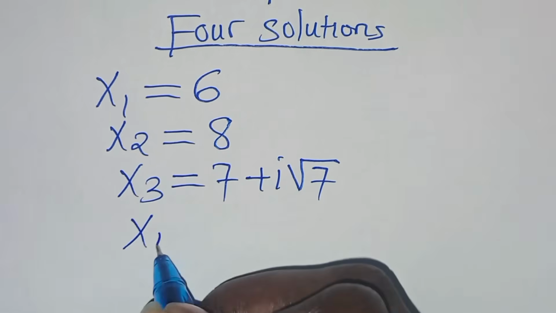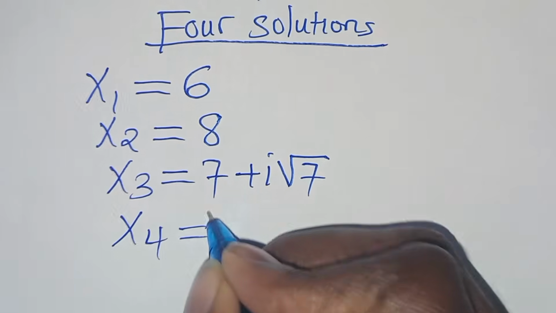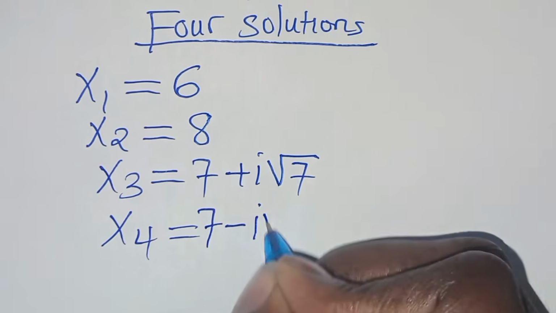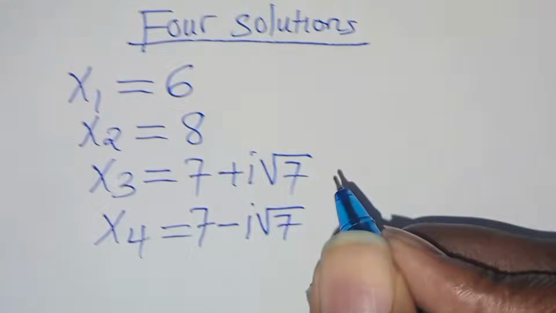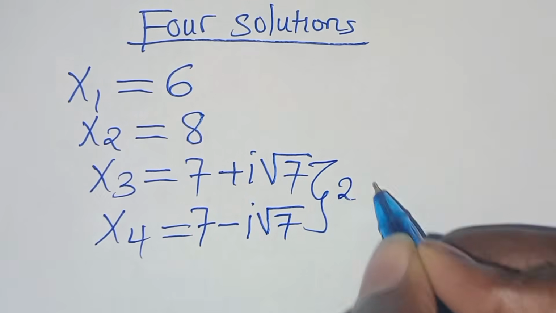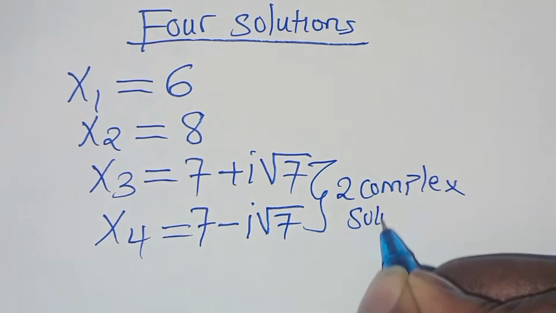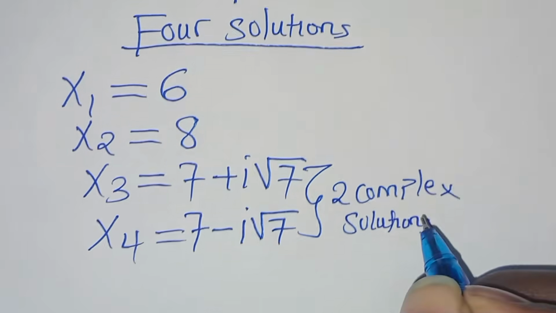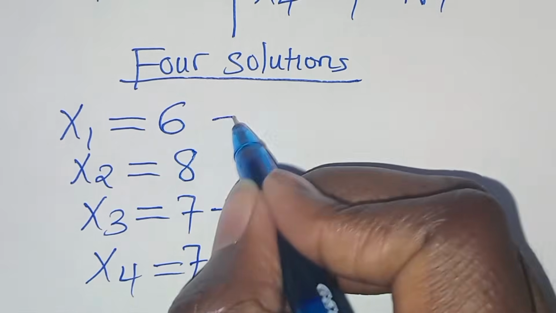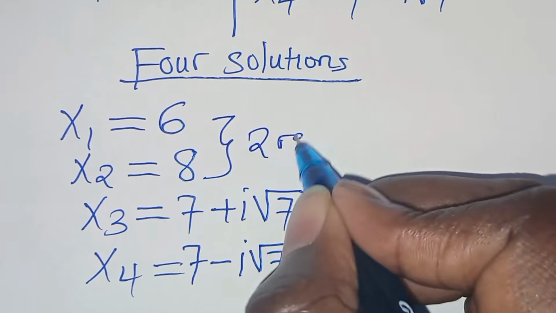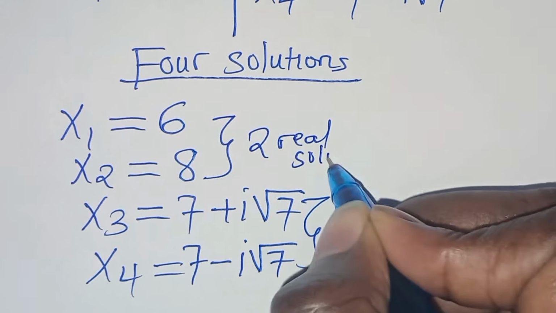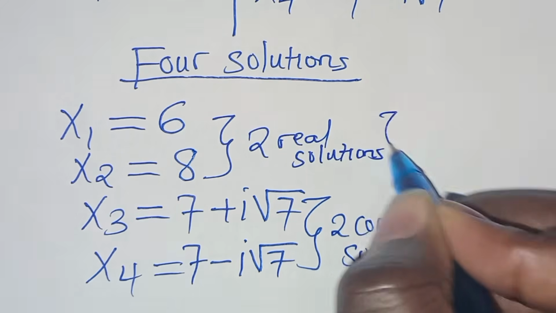And we have that x4 is equal to 7 minus i square root of 7. So these are two complex solutions. And we have two real solutions for this algebra problem.